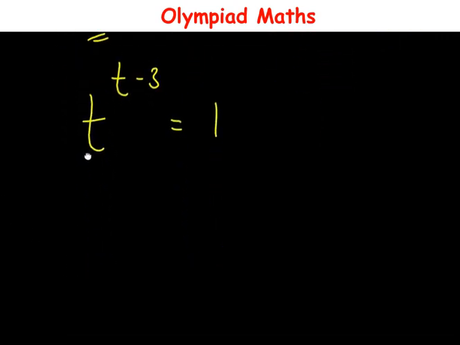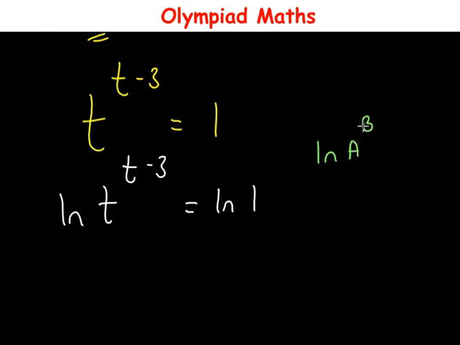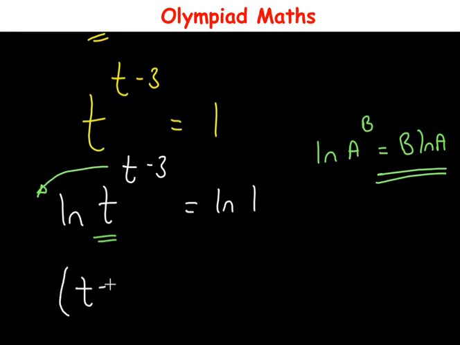Then at this junction, we are going to introduce natural logarithm to both sides of the equation. So ln of t raised to power t minus 3 is equal to ln 1. From here, applying this rule, that if you have ln a raised to power b, this equals b times ln a, t minus 3 comes over to this place, and then this becomes, in brackets, t minus 3 multiplied by ln t is equal to ln 1.